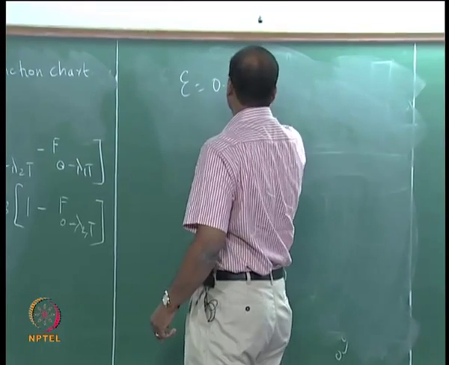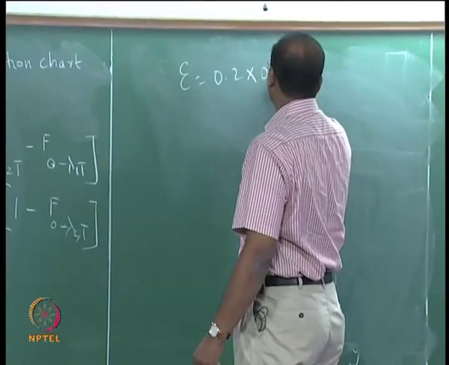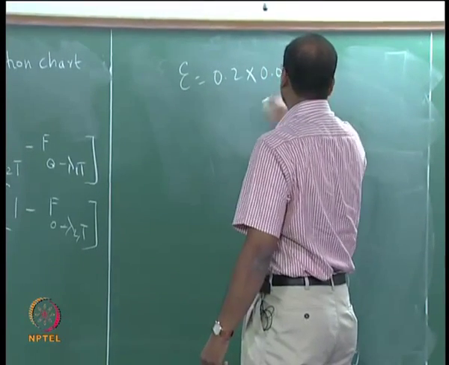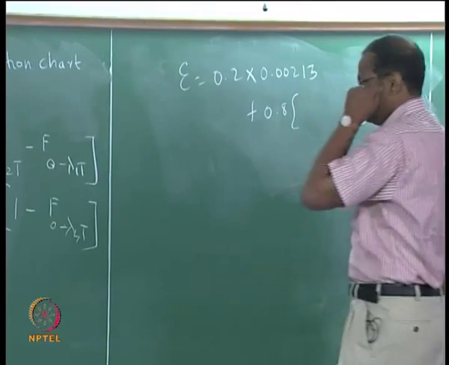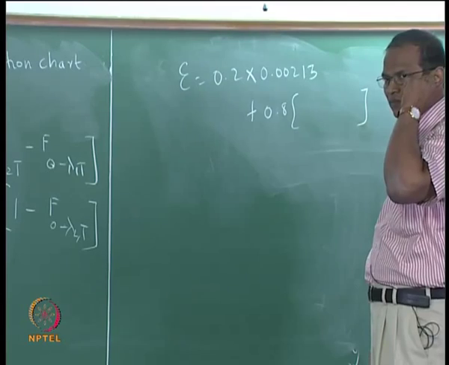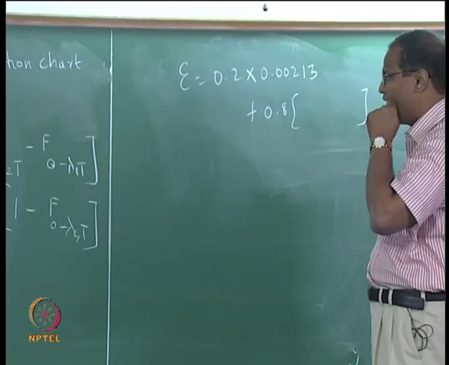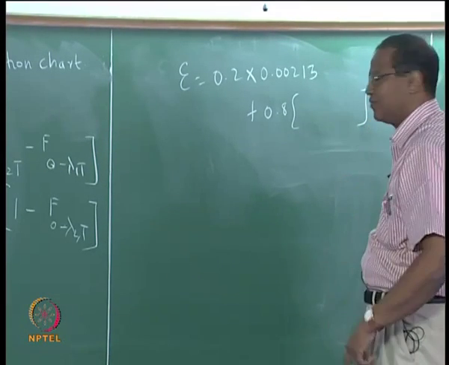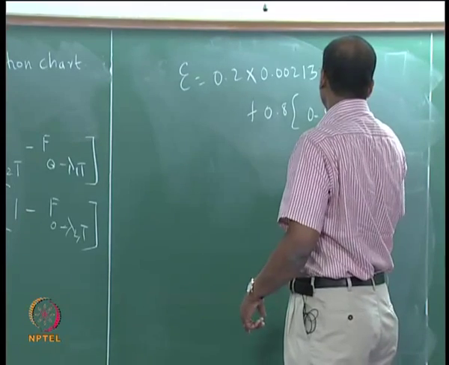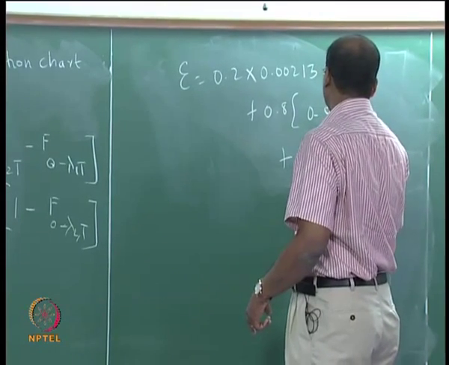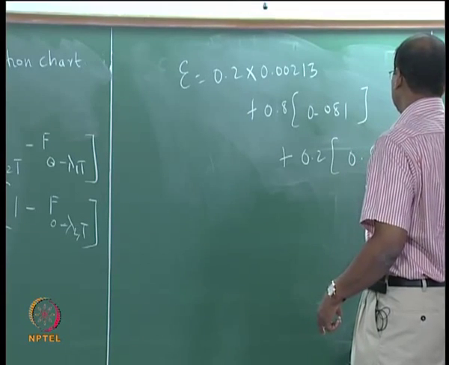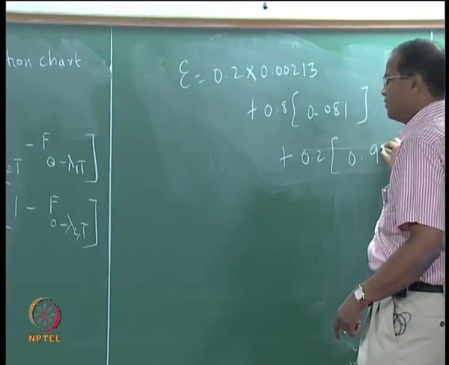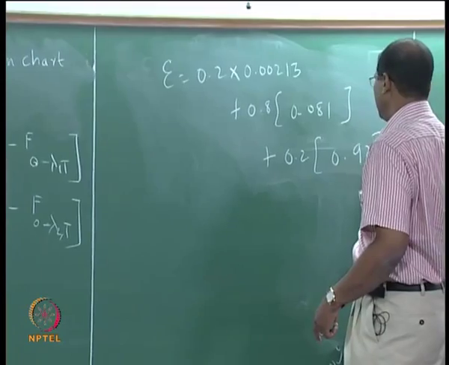Now epsilon is 0.2 into, so what is this? Point nought? No. Plus 9? 1, no, 9.